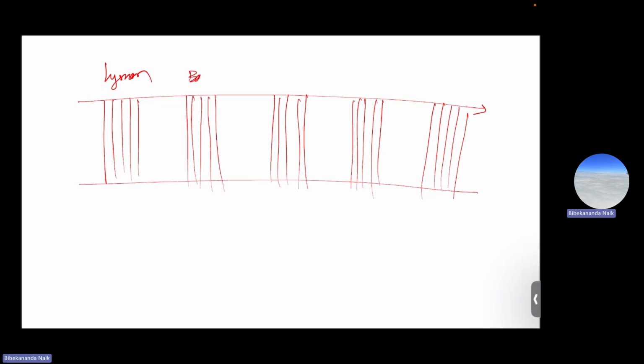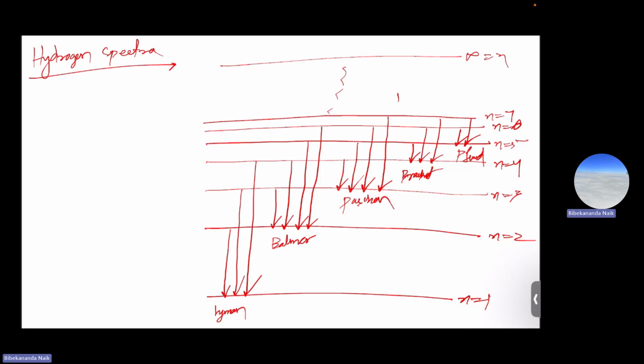Now we know for the Lyman series the transition occurs from a higher orbit to n equal to 1, and for Balmer it is n equal to 2, then n equal to 3, n equal to 4, n equal to 5. Now you see here the energy levels.